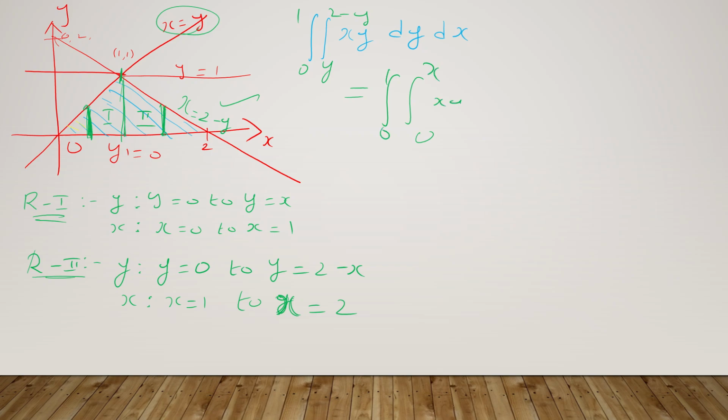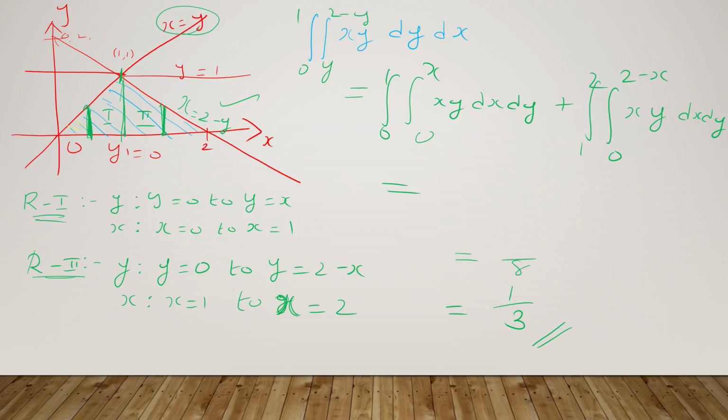Integrand is xy, order is dy dx, plus double integration 1 to 2, inner integration 0 to 2 minus x, xy is the integrand. Then evaluate both integrations and check whether you are getting the answer 1 by 3. The first integration you will get as 1 by 8, plus the second integration you should get as 5 by 24.